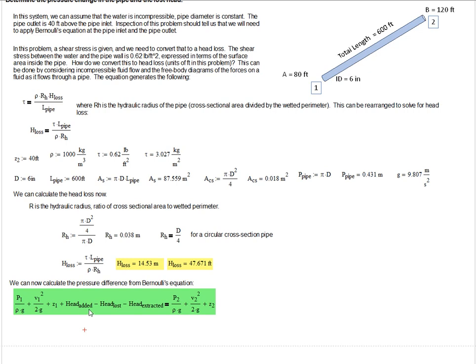I'm going to account for a head that can be added, for example, by a pump, a head that can be lost, and that's what this is due to friction. In the general equation, you can also account for head that's extracted, which would be if you had a turbine or expander, but we don't have that, so that goes to 0. And that is equal to the energy at position 2, which is P2 over rho g plus V2 squared over 2g plus Z2.